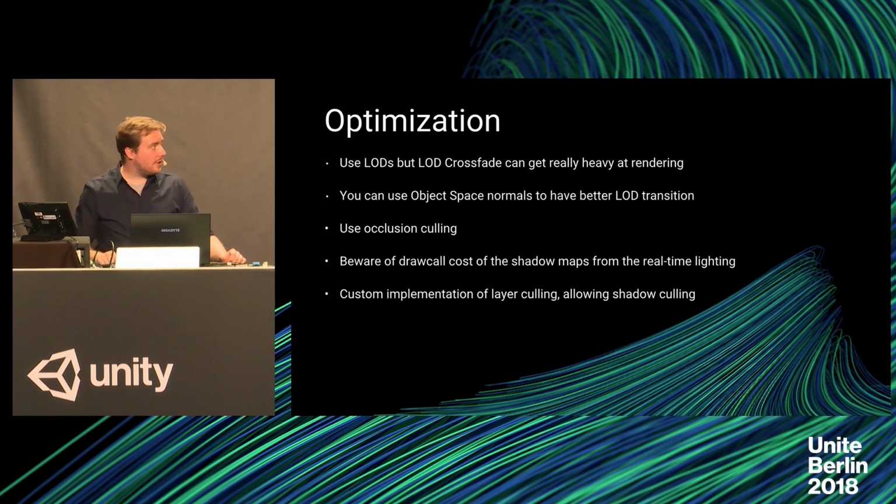Something else we did was, there is this system in Unity called layer culling. There is no UI for that, but it exists in Unity. It basically allows you to cull objects depending on which layer they are set to and depending on their distance. So we applied a layer for our small grass objects, large trees, etc. And so we were sure that it's going to cull no matter what the LOD settings were.